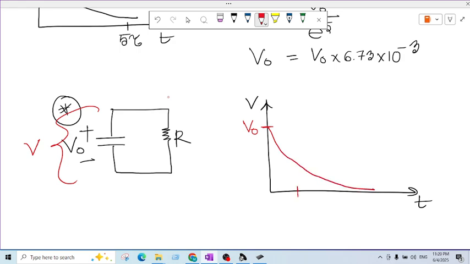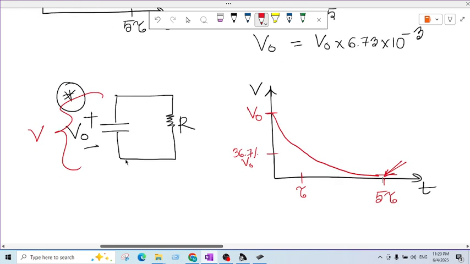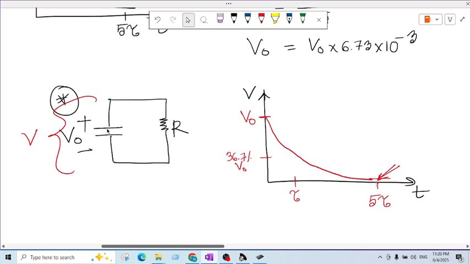So when time is equal to tau, the output is equal to 36.7% of V0, and when time is equal to 5 tau, the voltage is almost 0. It never becomes 0, but we can say that the voltage is almost 0. That means we can say that the capacitor has been discharged, though it can't fully discharge, but we can say it by convention. Okay, so thank you.